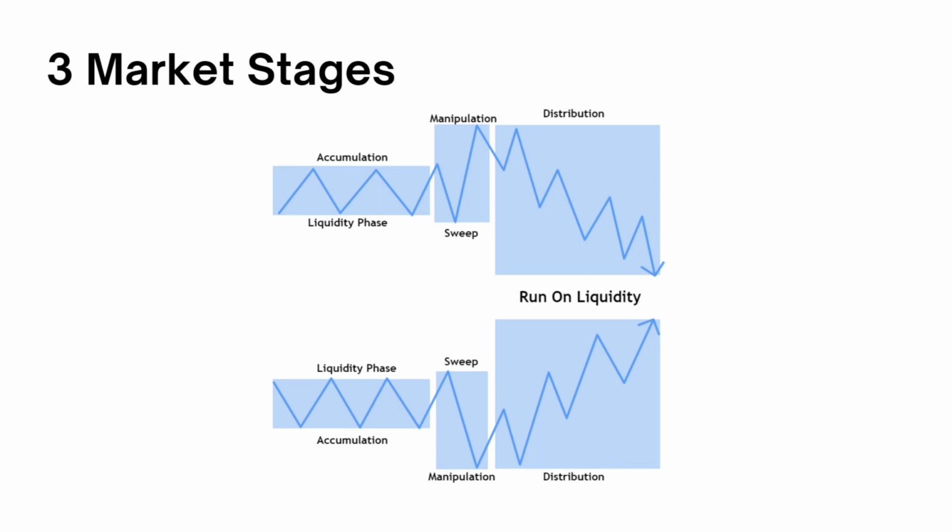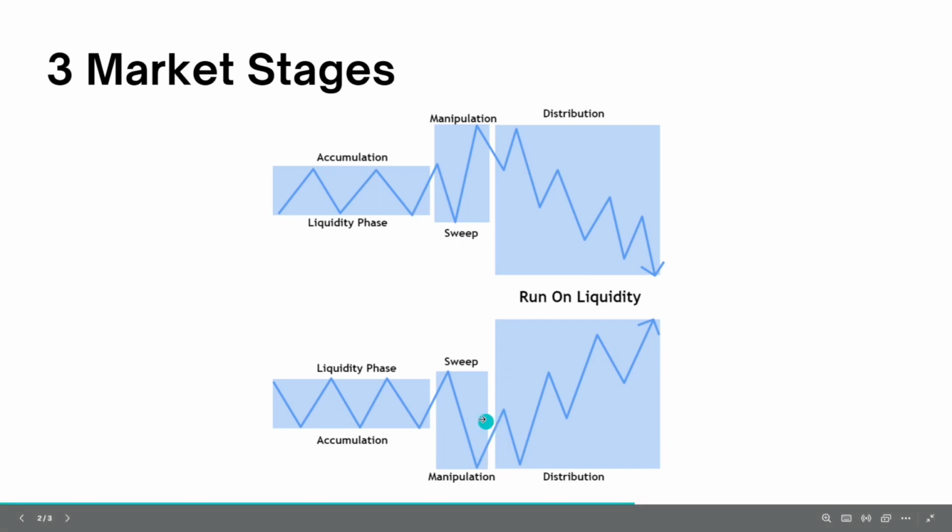Now, to maximize their profits, in the top diagram here, they would then have to sweep the sellers on the high side. The main reason why is if they can kick out as many sellers as possible, that allows them to get more shares, put in more orders, have a higher volume, make more money. That's the whole idea of it.